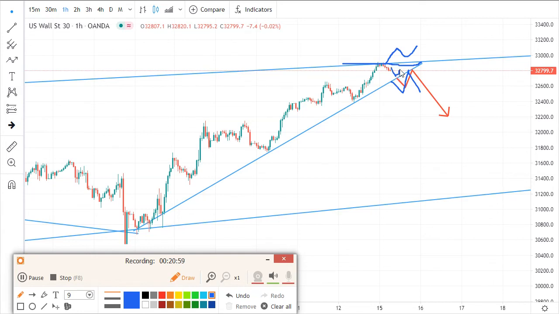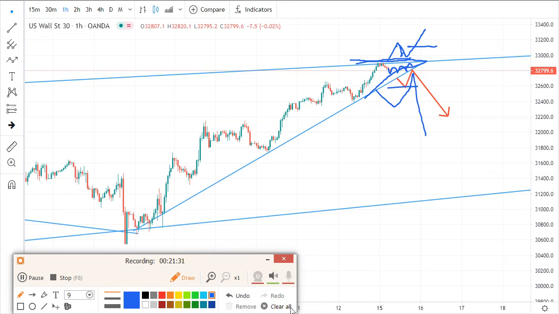But if it plays around, just stay out, just relax and watch what's really going on and see if maybe we can have a nice position. But if things don't go our way, just relax, wait for the market to present itself. Then if it breaks this resistance here, we are looking for a nice buy entry. But if it breaks our support, we will be looking for a sell entry.